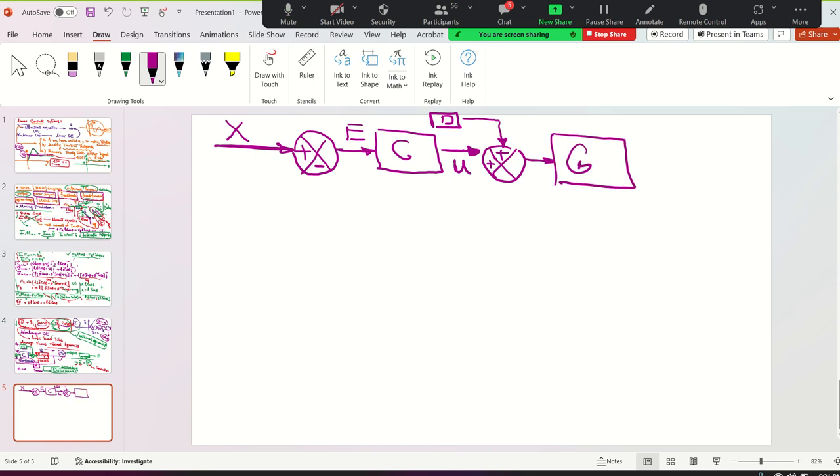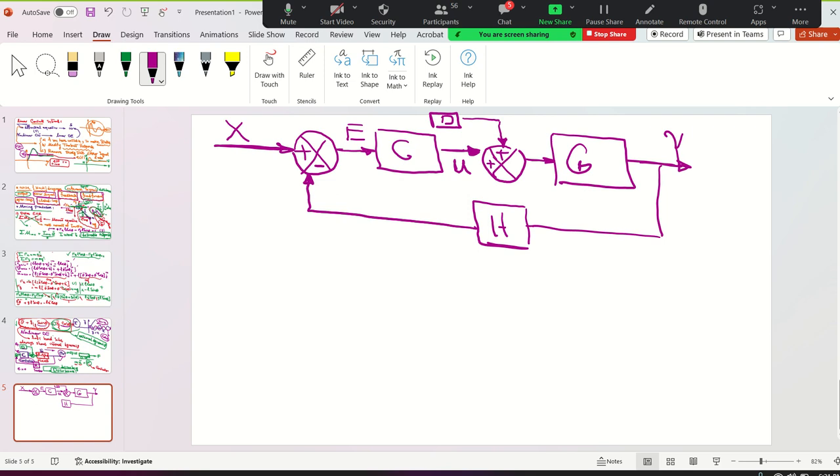Plant, G, is the system itself. We show the real output with Y, which is measured by the sensor and subtracted from the input to issue the error signal. And this is the whole picture of a control engineer making 100, 150K per year. Crystal clear? Good.